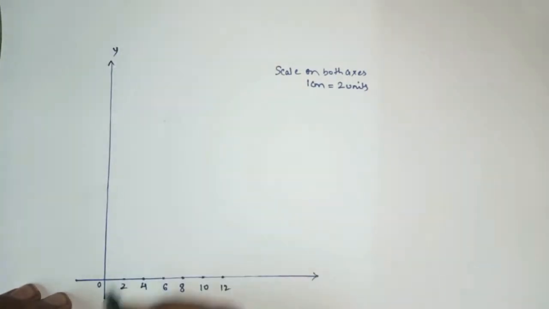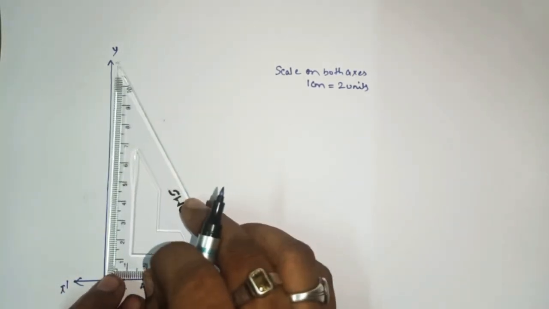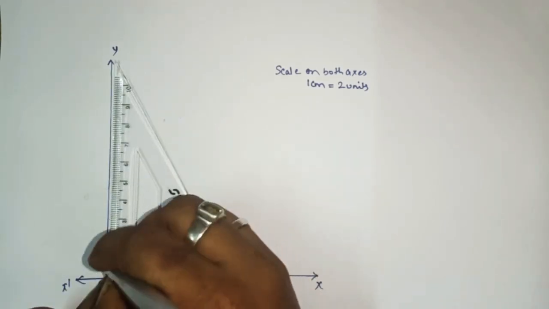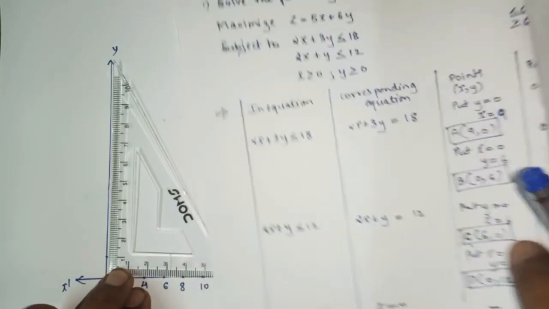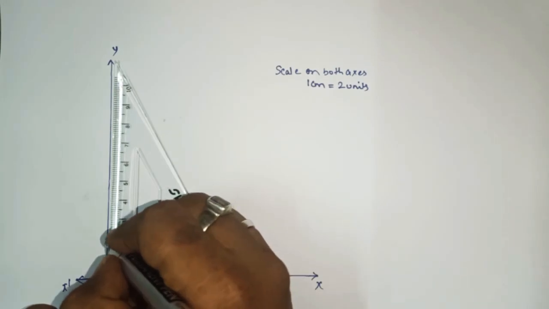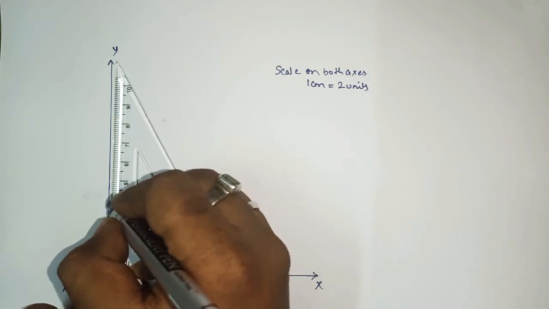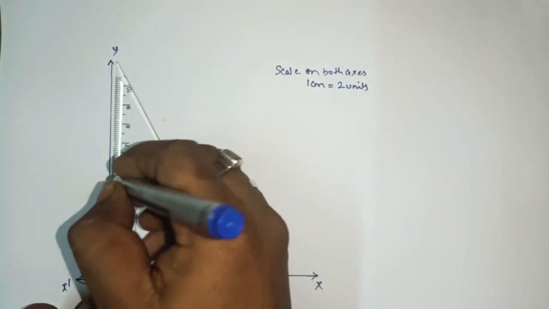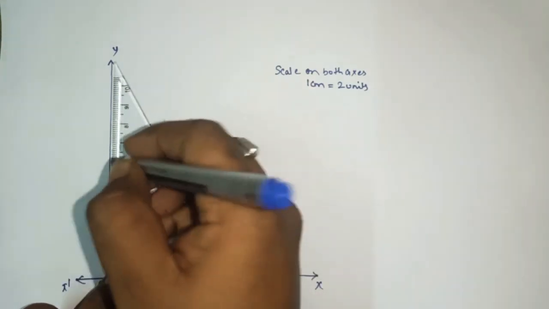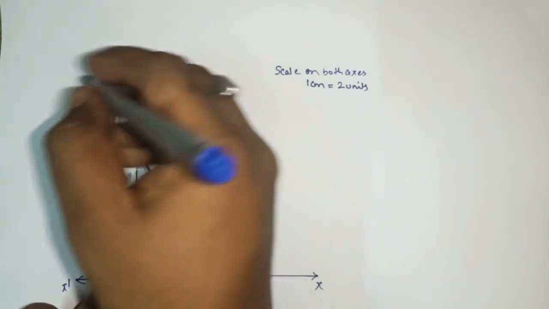So this is y dash, x and x dash. Same here also we will do. Check the highest value for the y coordinate is 12, so till 14 we will go. Till 14 we will write 1, 2, 3, 4, 5, 6, 7, 8, 9.